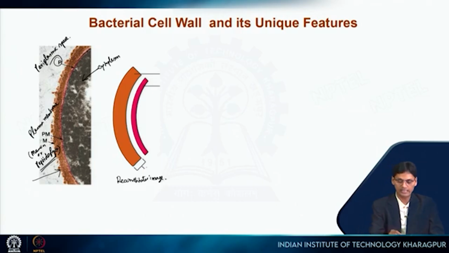Here in the reconstituted image, you can see this is the peptidoglycan or cell wall, and this is plasma membrane, and together, this is the cell wall, you can say.